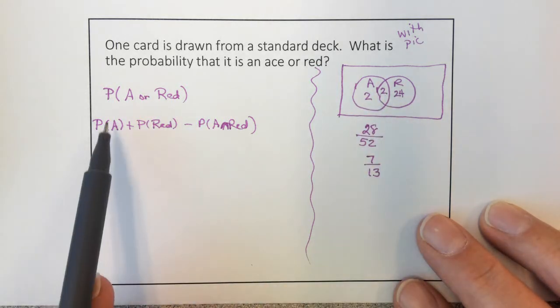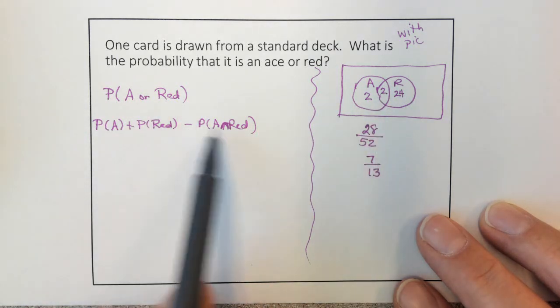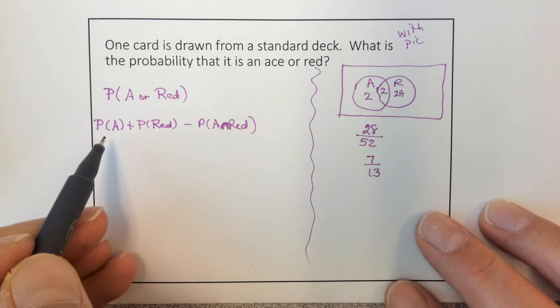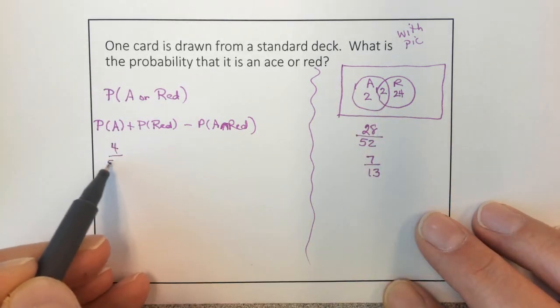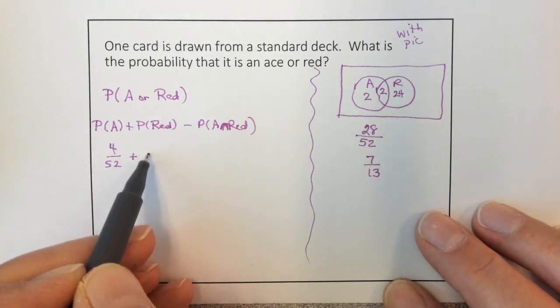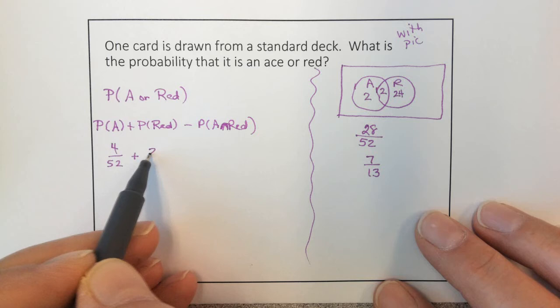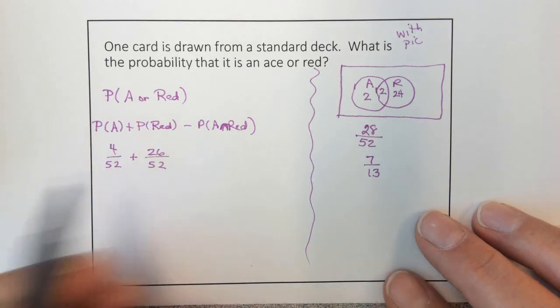These 2 get counted in both the probability of A and the probability of red, and we have to take out the extra. So probability of A, well, aces there are 4 out of 52, plus red is 26 out of 52, or you could say 1/2 if you'd rather. But I'm going to leave a common denominator because then I can subtract them more easily.